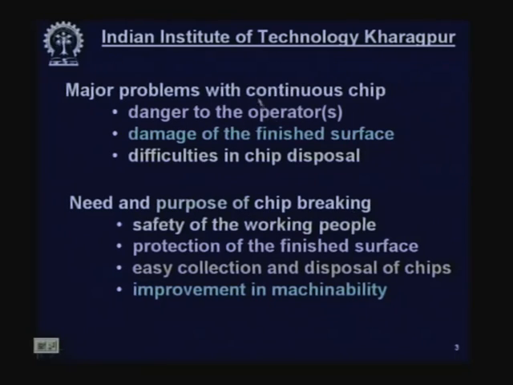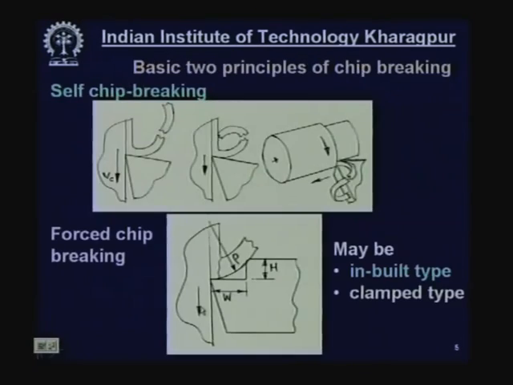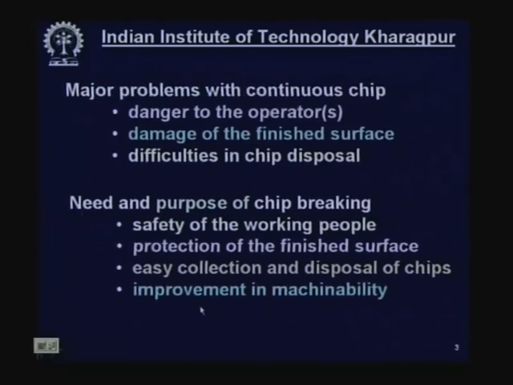To overcome such problems, some action has to be taken, and this is done by what is called chip breaking. Now, what is the need? Safety of the working people, protection of the finished surface, and easy collection and disposal of chip.